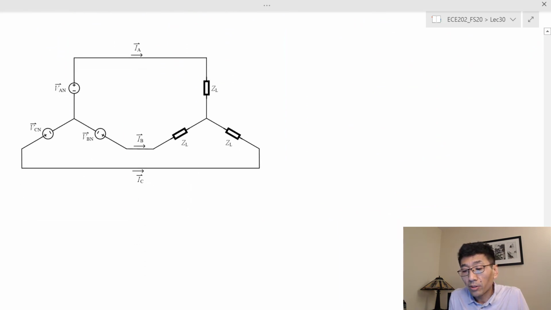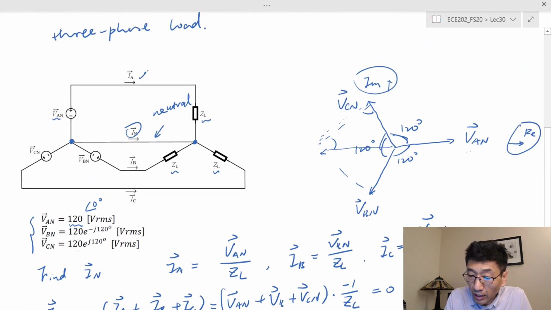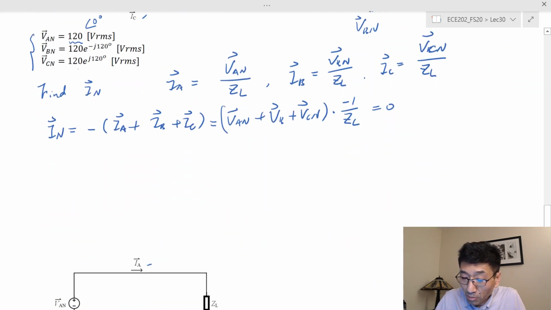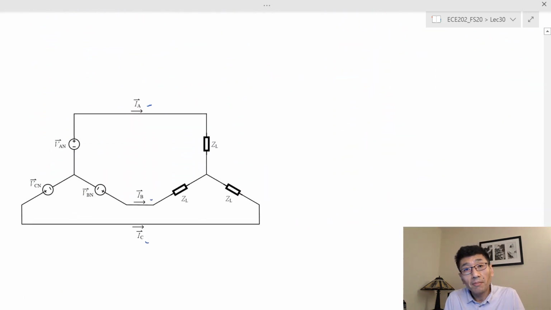If I take that neutral line out, the currents IA, IB, IC here would be identical to the currents IA, IB, IC in this circuit. This is the three-phase 4-wire system and the three-phase 3-wire system. They're the same, right?